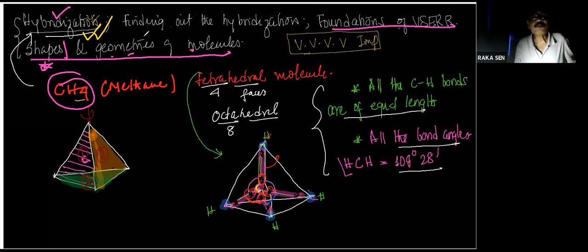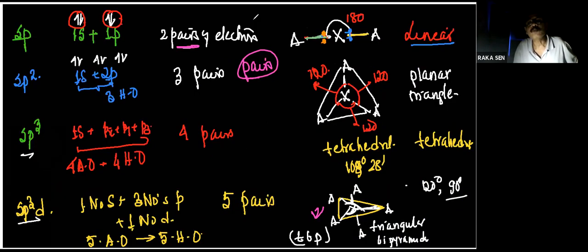Now, what I'm going to teach is a trick: whenever a particular molecule is given, how do you find out the hybridization? Once you find the hybridization, say, sir, it is sp2, then it has to be planar triangle, and all the bond angles are known.